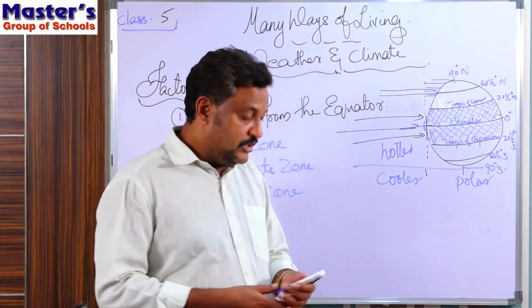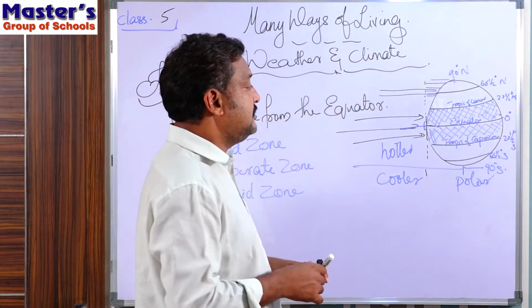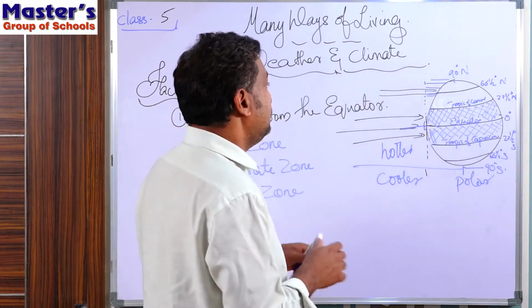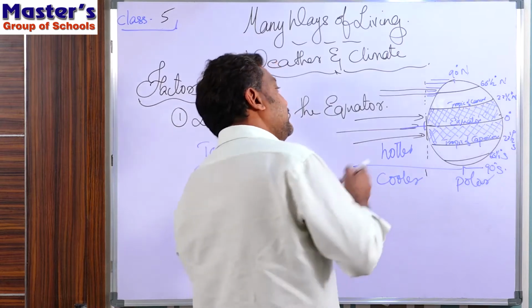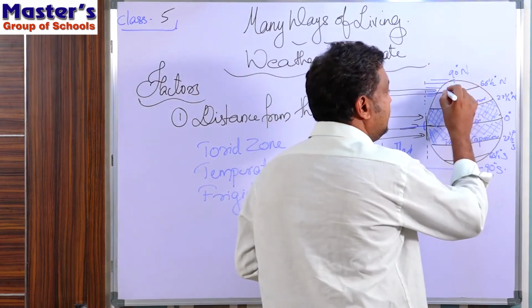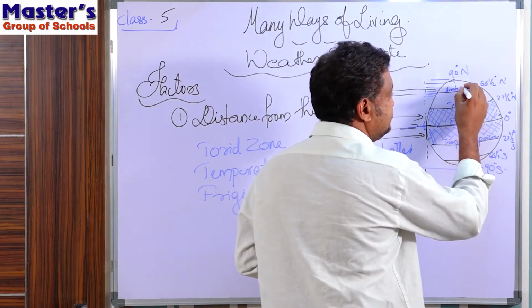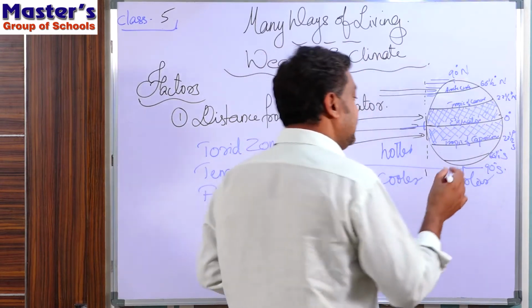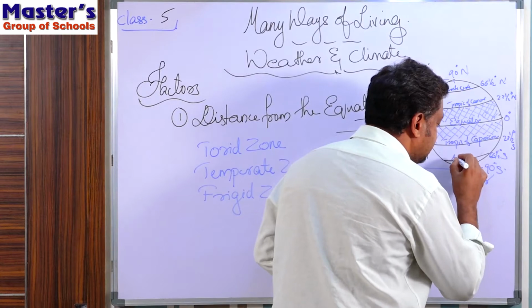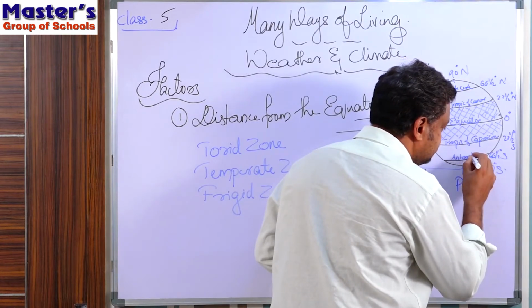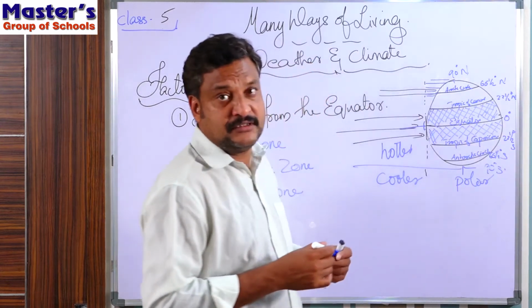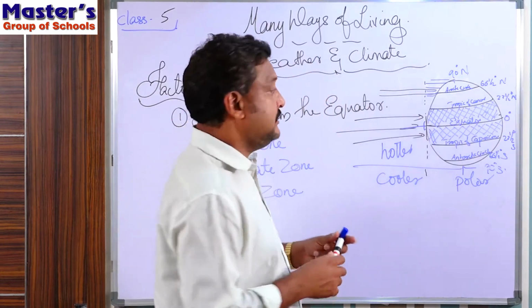Okay, now above Tropic of Cancer and below Tropic of Capricorn. So here 66.5 degree north latitude is known as the Arctic Circle, isn't it? And 66.5 degree south latitude is known as the Antarctic Circle, isn't it? The Arctic Circle and the Antarctic Circle.